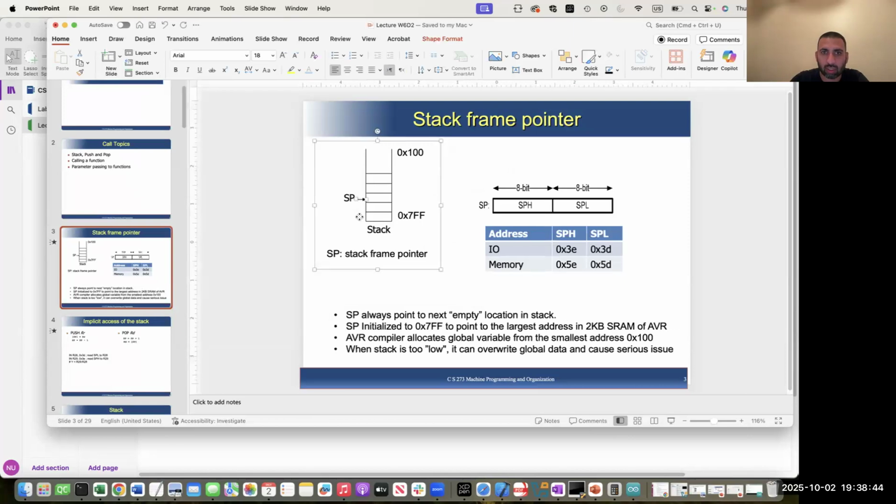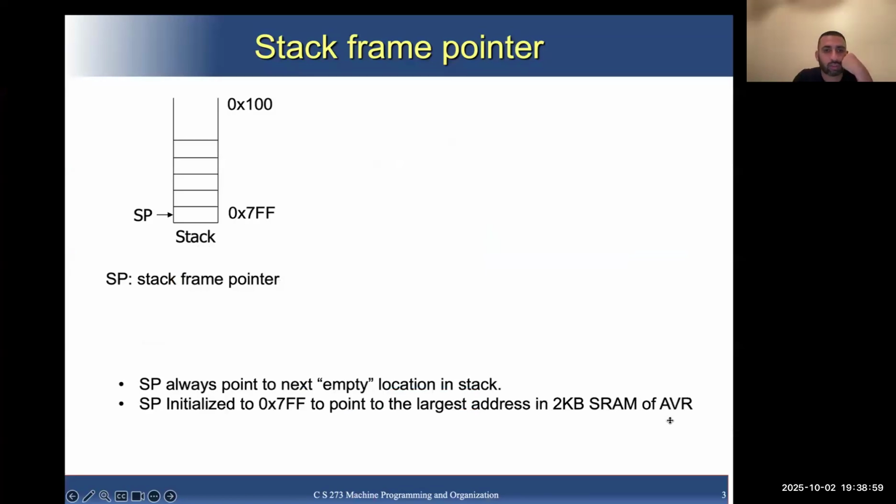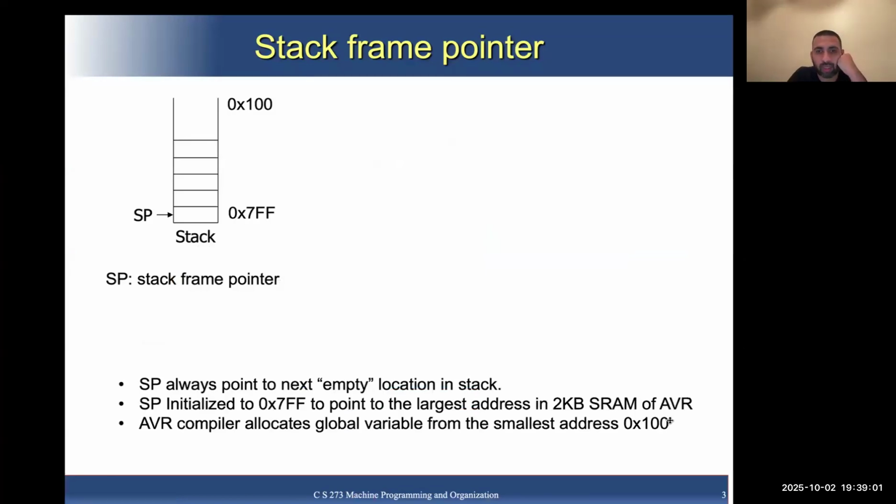Let me just move it here so that the text and the figure are synchronized with each other. They are not saying two different things then. Okay. So now you know why we are initializing stack pointer to 0x7ff.